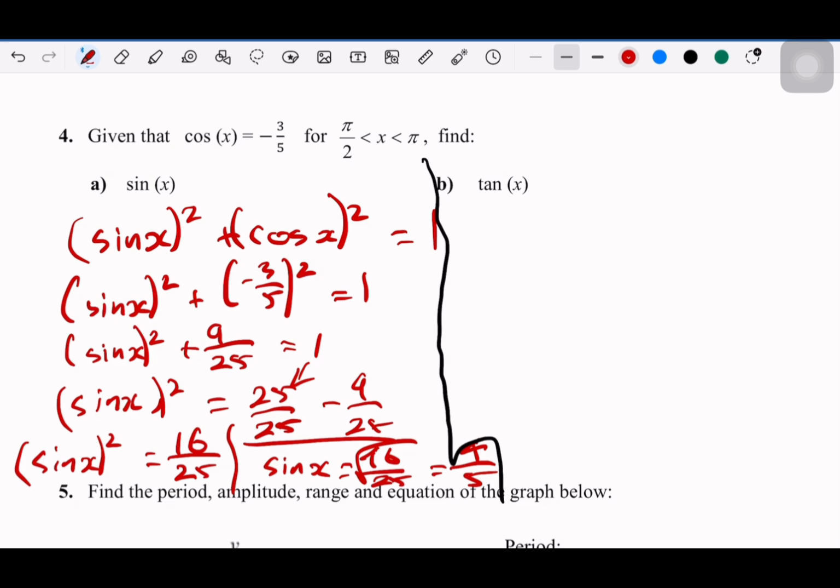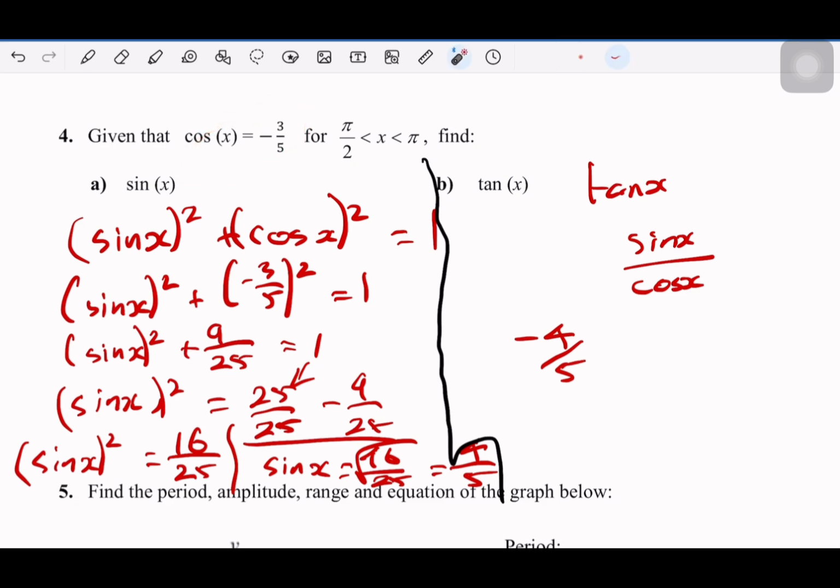Now, tan x. We know tan x to be sine x divided by cos x. And so we know the value of sine x, which is 4/5, and we're already given the value of cos x, which is -3/5. And so we're going to divide that by -3/5.